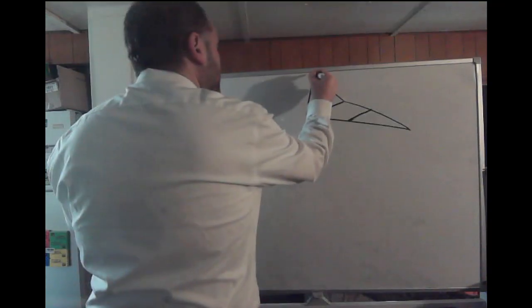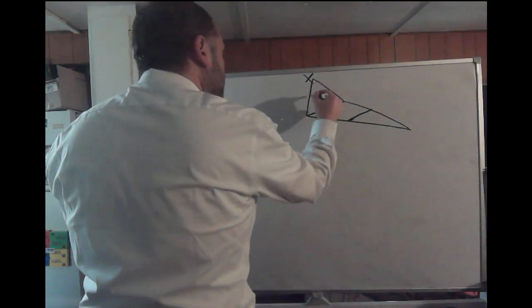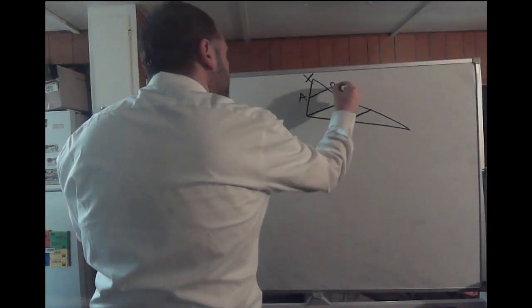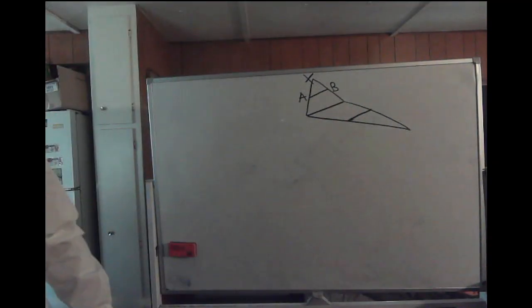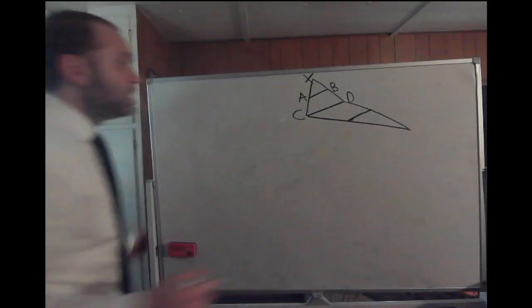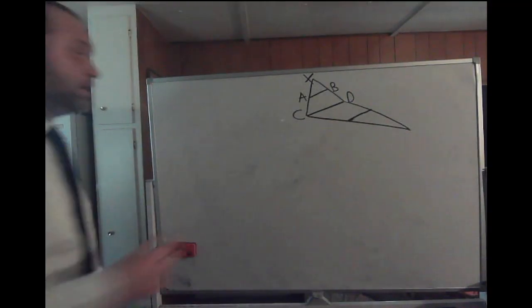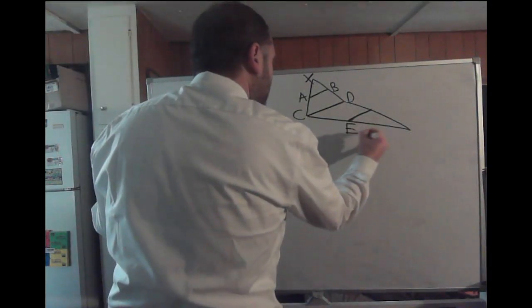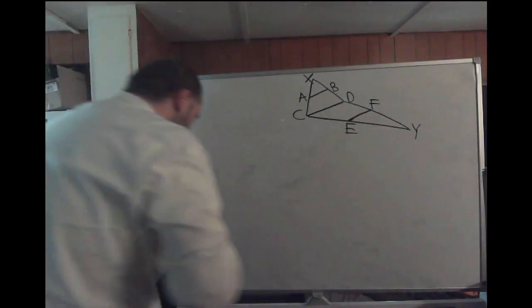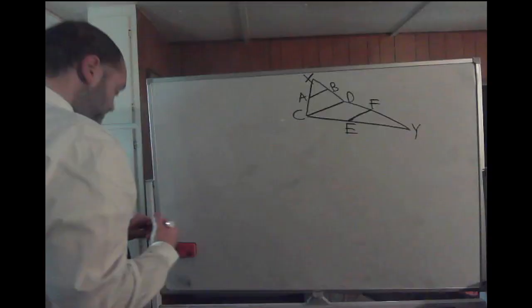So let's see. This is point X. Here's A, B, C, D, E, F, and Y. Let me shade in these respective triangles here.